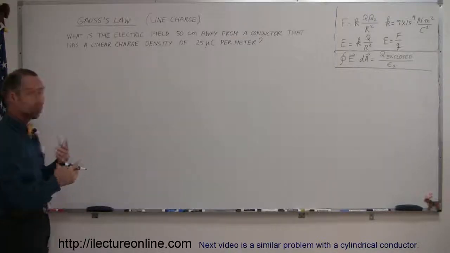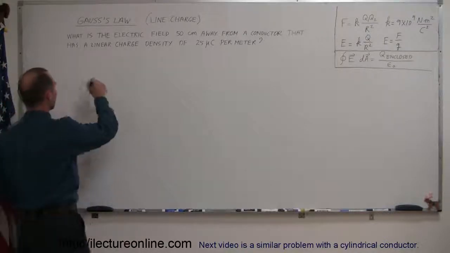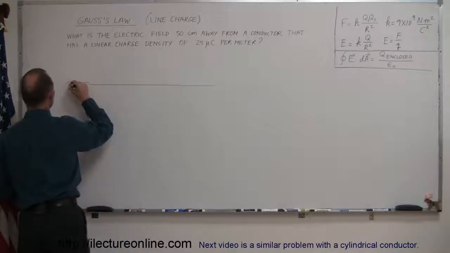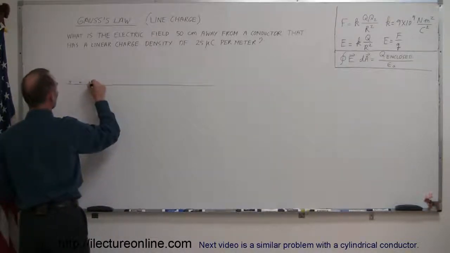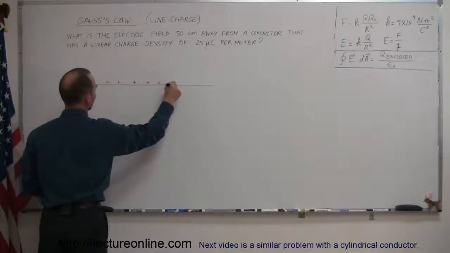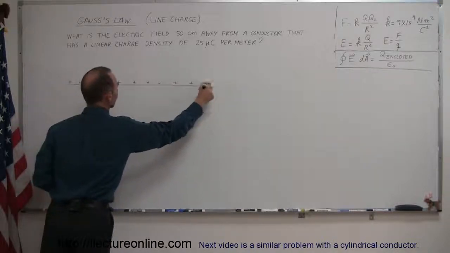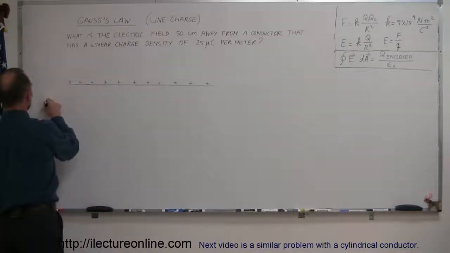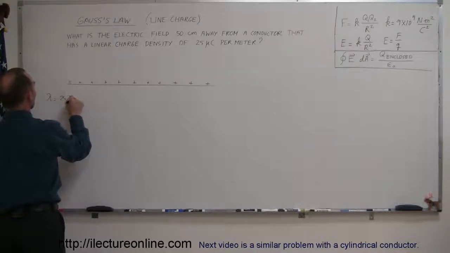Well, again, to understand what we're doing here, let's draw a picture. So assume that we have a conductor, and the conductor contains a certain amount of charge. And assuming that there's no current on the conductor, so the charge is stationary, it doesn't move, we can indicate that the charge density is equal to 25 times 10 to the minus 6 coulombs per meter.